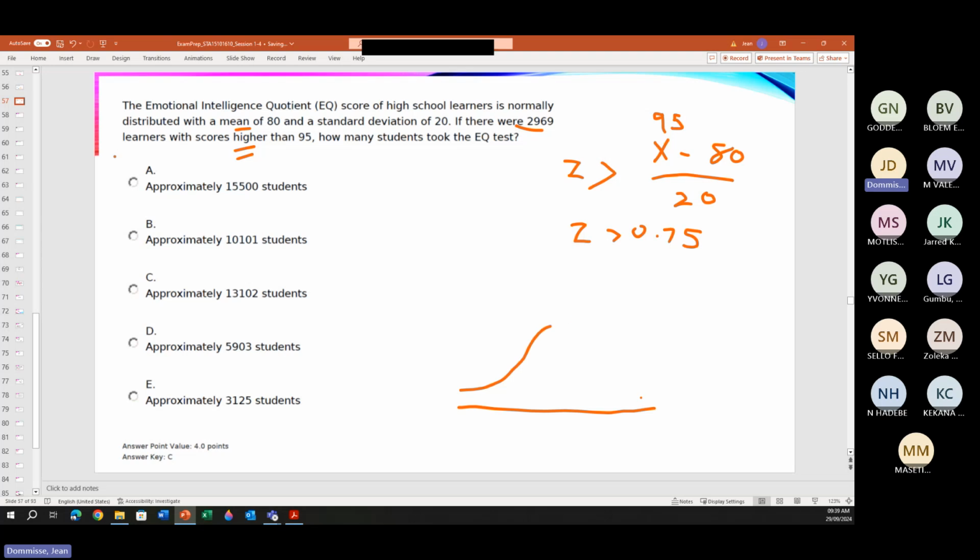So let's see what that means for us. So Z is 0.75. So for that area, they tell us we have 2969 students.